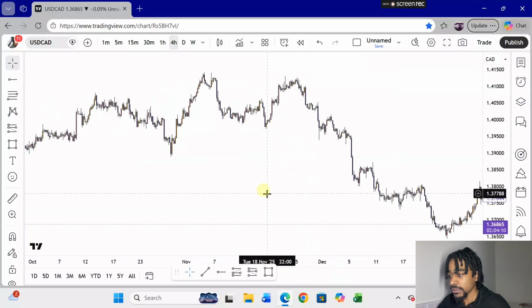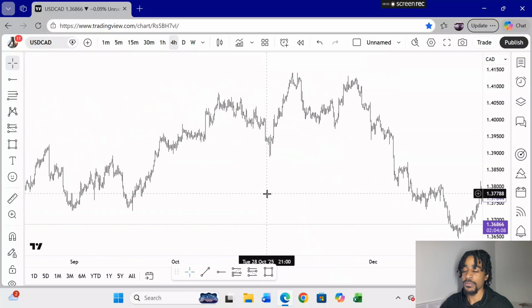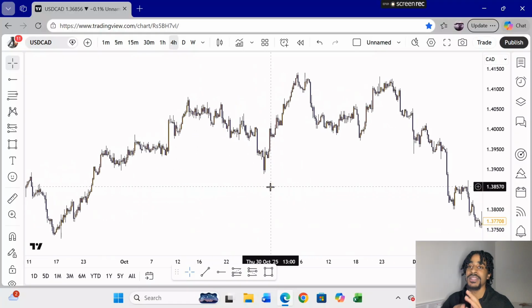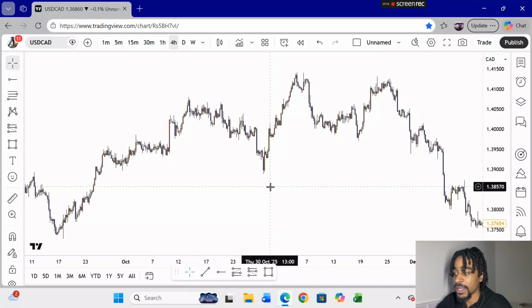Now, that's just a basic example of me showing you guys support and resistance. And I did that really and truly to demonstrate what you guys should be doing, which is going on the charts, using your tools, and actually drawing out these areas of support and resistance to where you guys can actually see it on the chart itself play out, and start combining all the factors together.